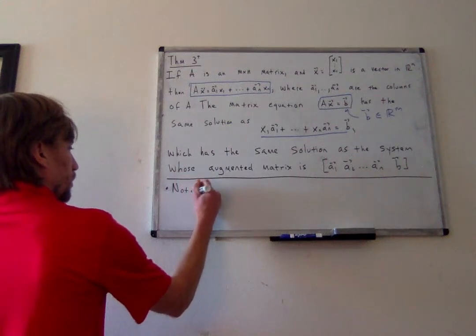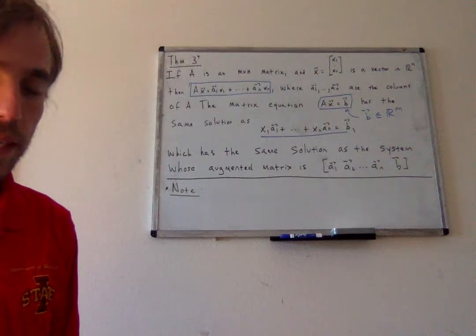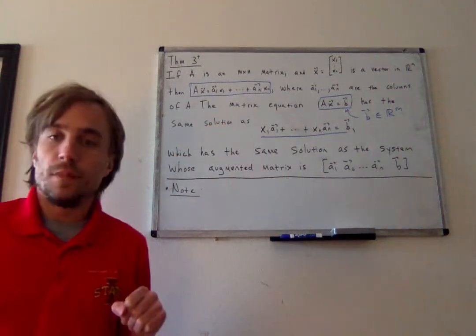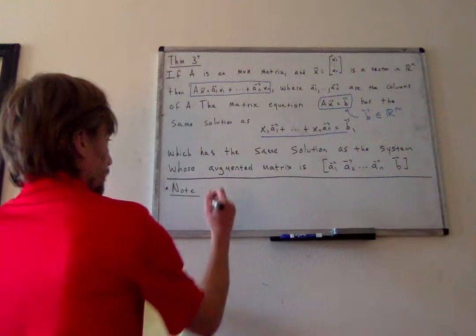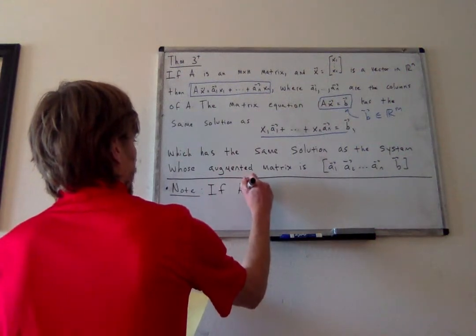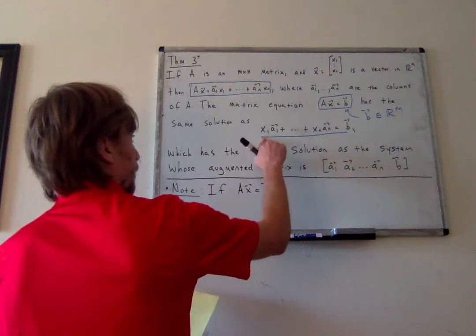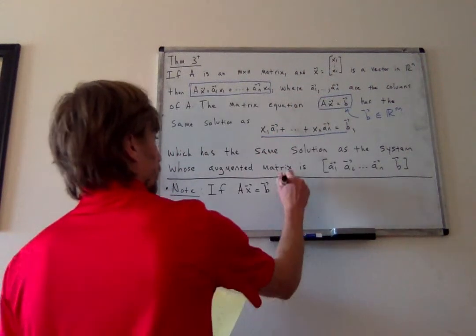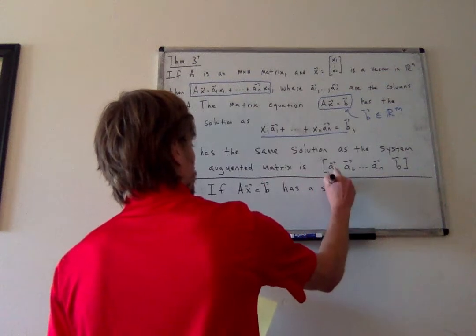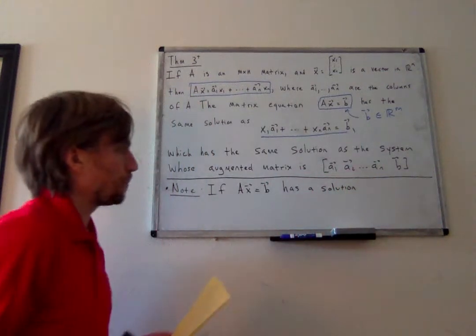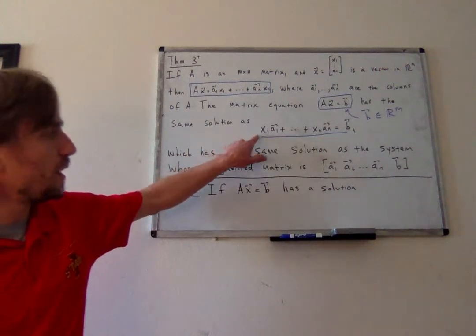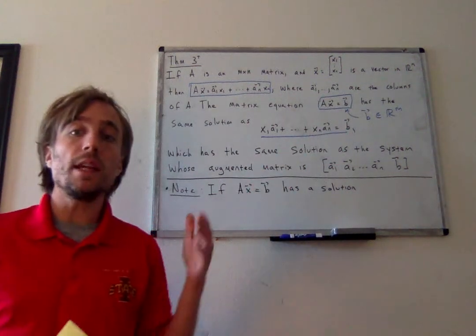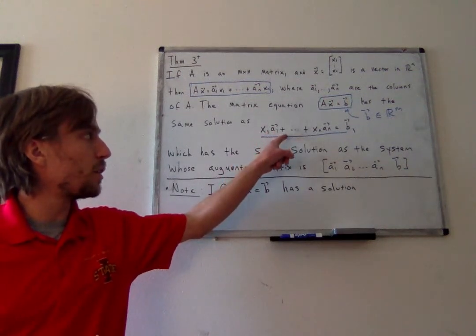An interesting note, which is worth pointing out, we'll also recall a definition from section 1.3: if Ax = b has a solution, that is, I can find variables x1 through xn, or if you prefer, a vector x that makes this equation true, well, remember that this equation, if it has a solution, by definition means that b was a linear combination of the vectors a1, a2, up through an.